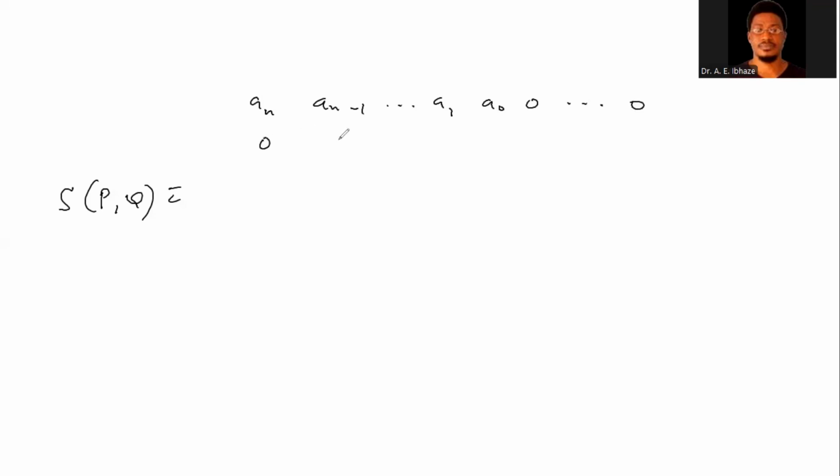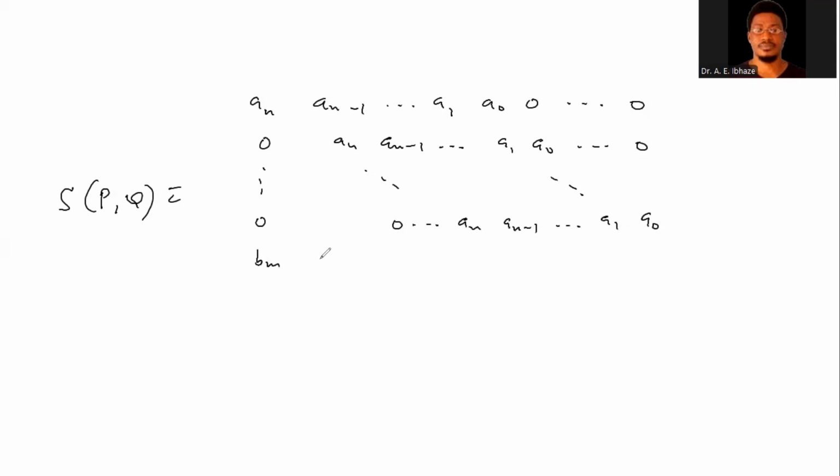Then we have 0, a_n, then here we have a_(n-1) all the way to a1, a0 all the way to 0. So we now have this going down, right? So we have all zeros here. Then we have a_(n-1), a1, a0.